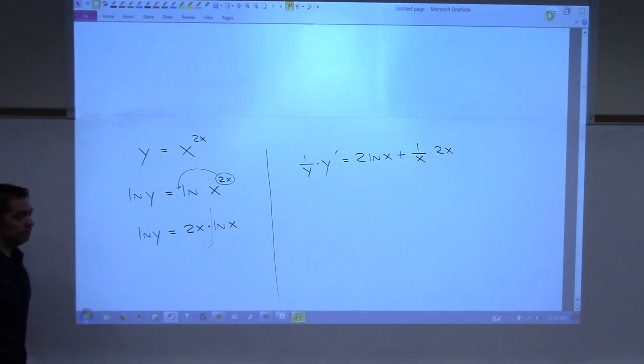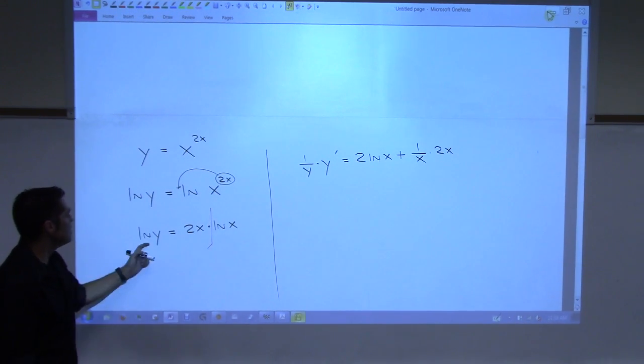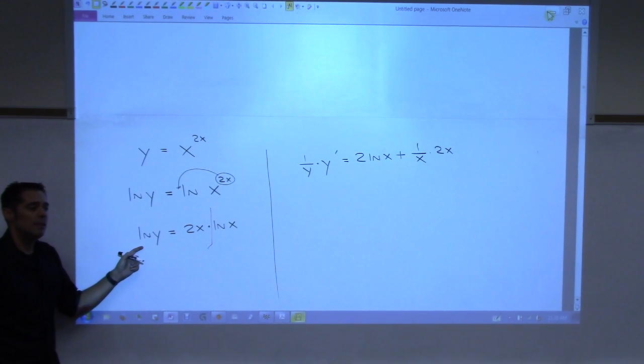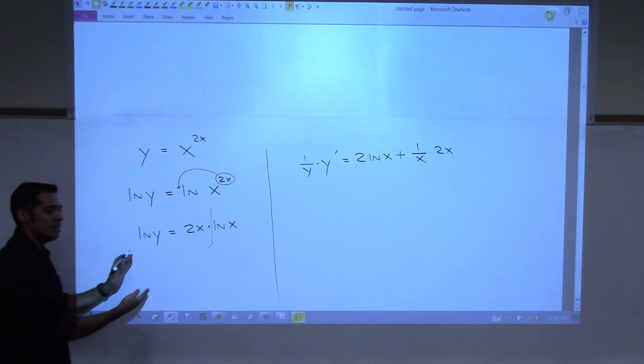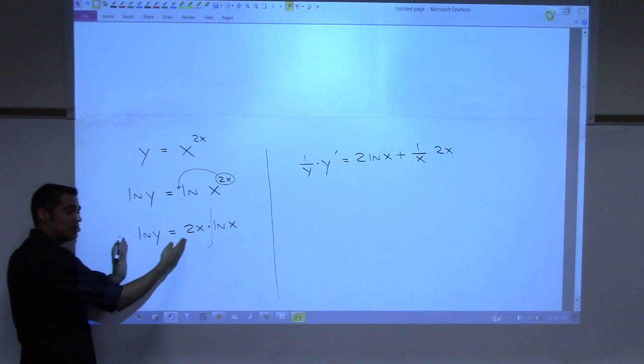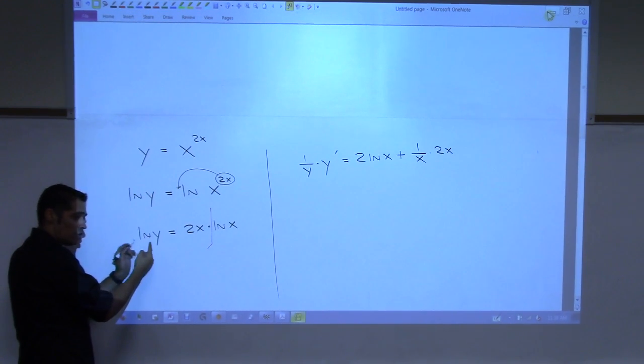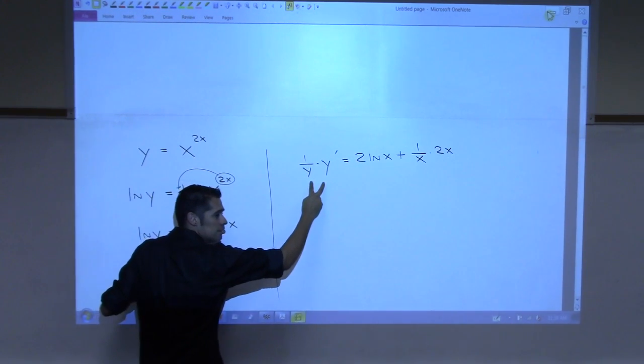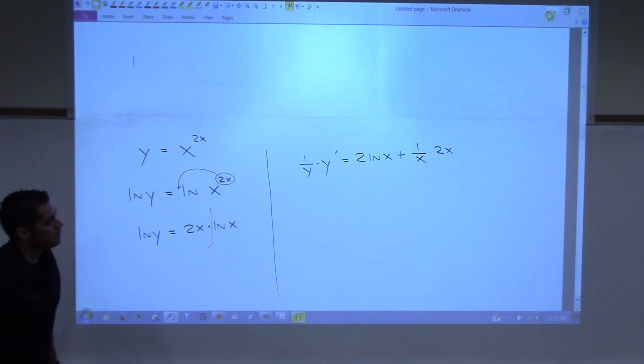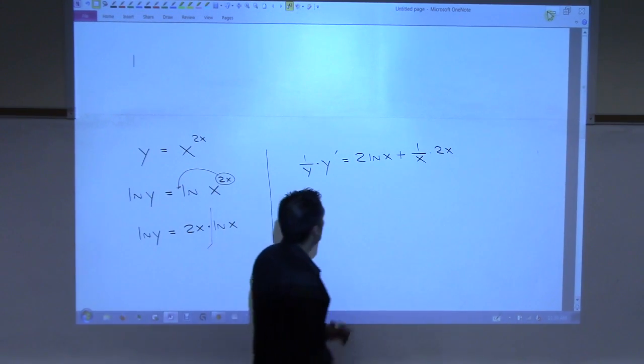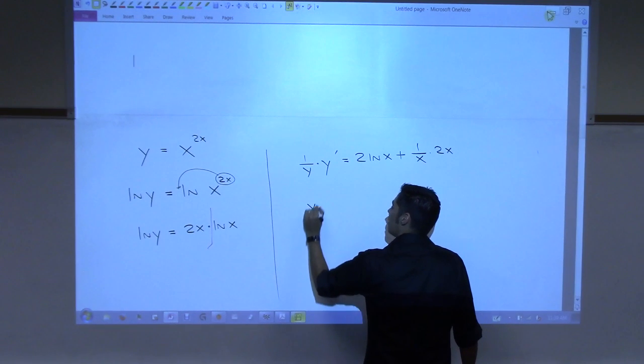But that would be implicit. That is implicit because I take the derivative of the left side also. That's what makes it implicit differentiation, that you have to take the derivative of both sides implicitly. And the derivative of this is the chain rule. I'm going to multiply by y on both sides.